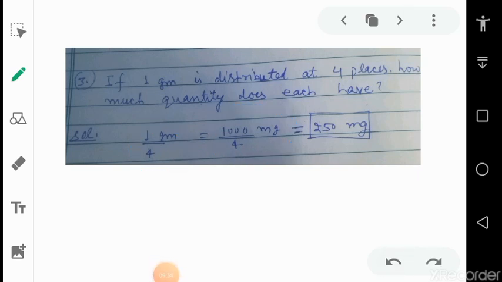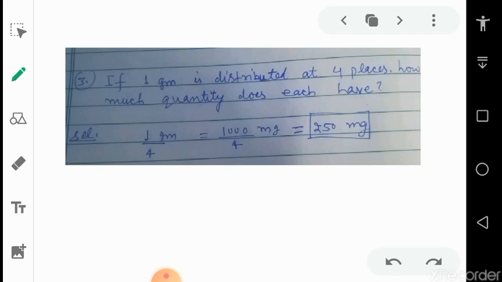Then if 1 gram is distributed at 4 places, how much quantity does each have? Obviously 1 gram is a very small quantity. Doesn't matter, we have to distribute it. It means at each place there is much less than 1 gram, because it is distributed.